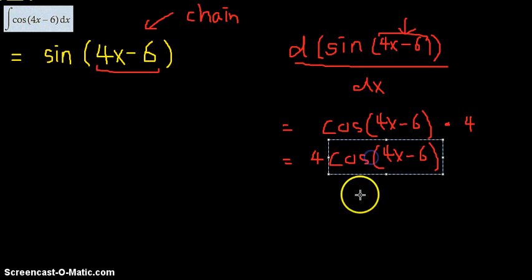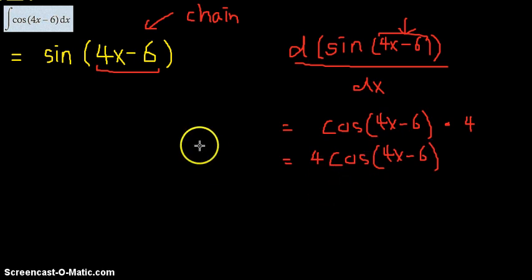However, what I'm trying to find here is something that, when I differentiate it, I'll get just cosine of 4x minus 6. So what I have here is very close to what I want, but I have this extra 4.